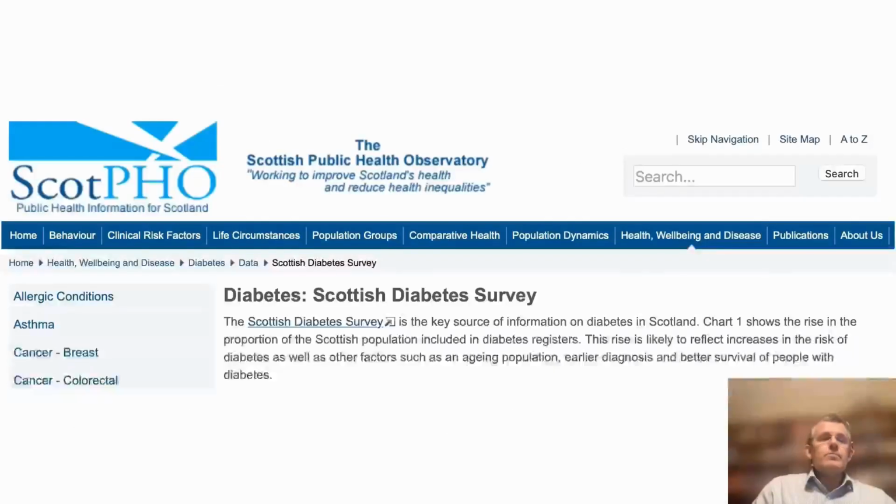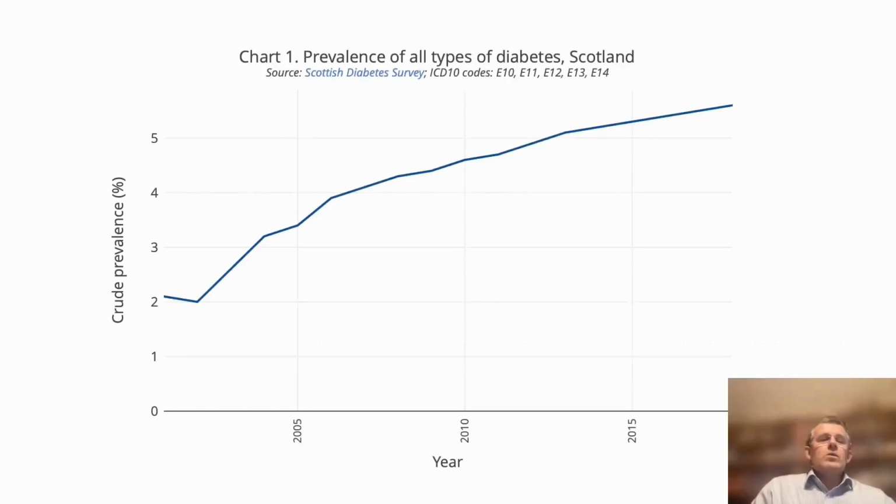One of the key outcomes of the Sky Diabetes is the production of a Scottish Diabetes survey every year. So we know exactly what's going on with the prevalence of diabetes, whether it's type 1 or type 2. It's clearly going up.